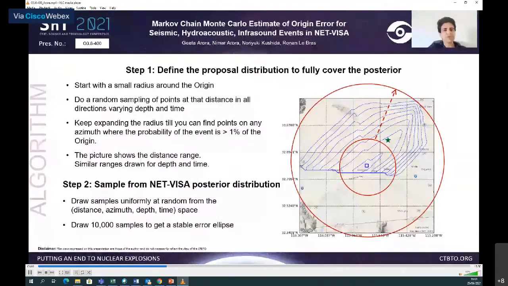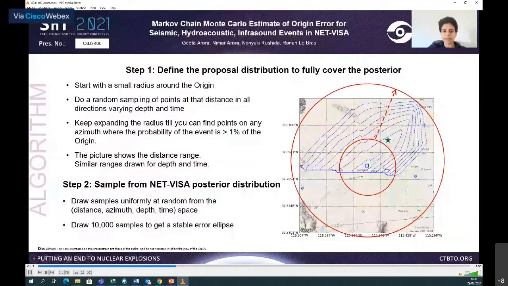Step 1 is to define the proposal distribution to fully cover the posterior. Here we start with a small radius around the origin, like here, and we do random sampling of points at that distance in all different directions with varying depth and time.